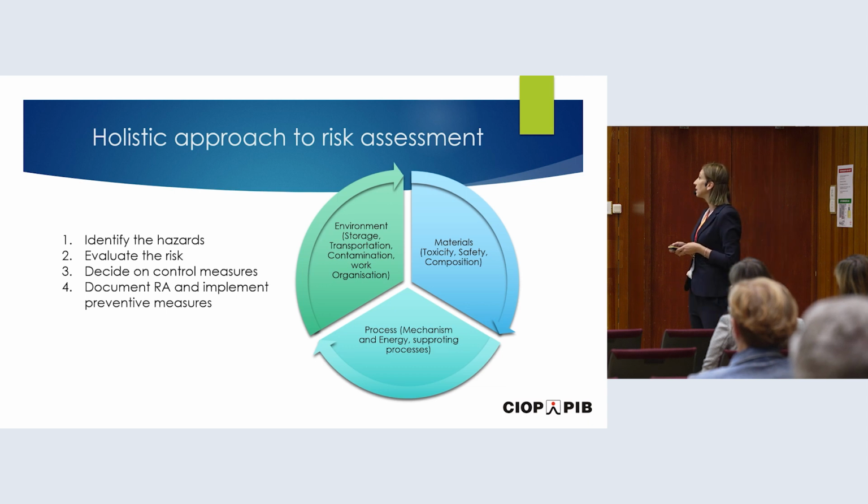So the following steps to assess risk in additive manufacturing tasks: we need to first of all identify the hazards, then we can evaluate the risk, and after that decide on the control measures to be applied.